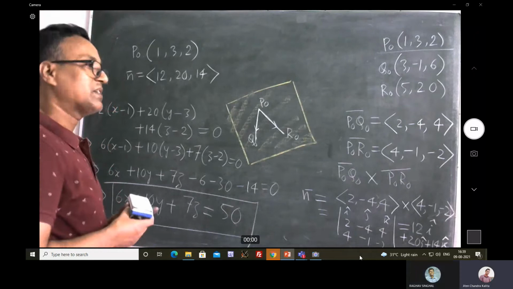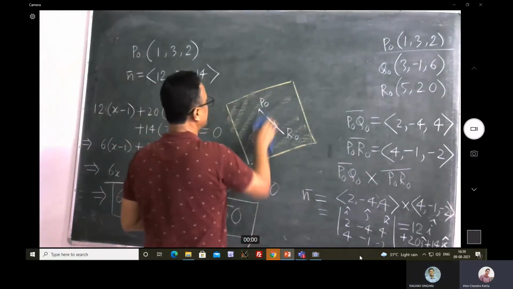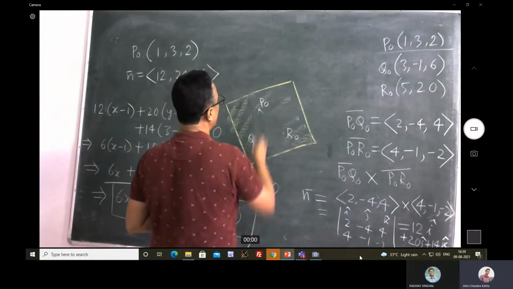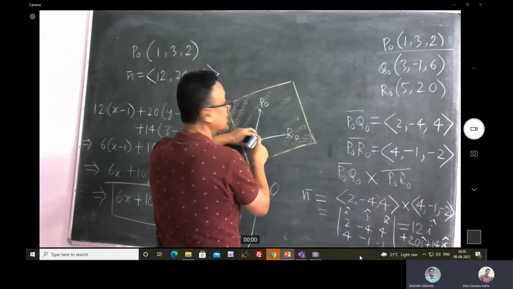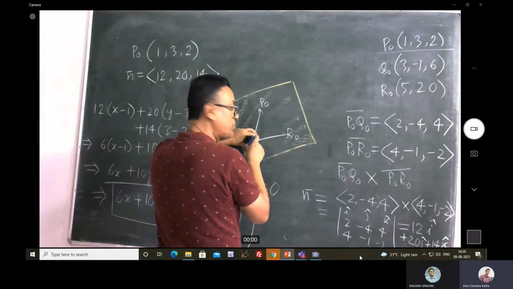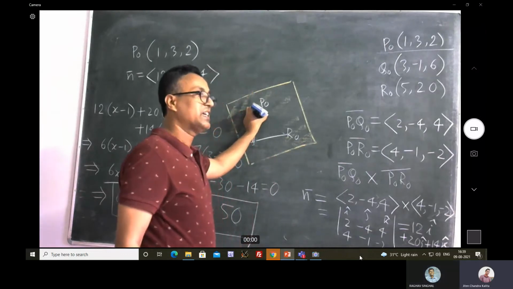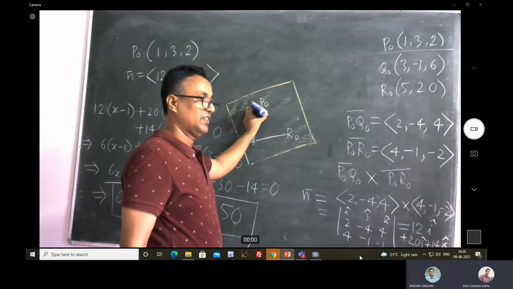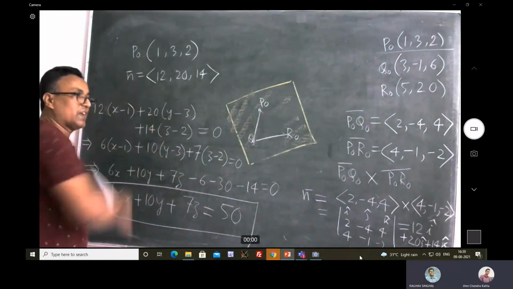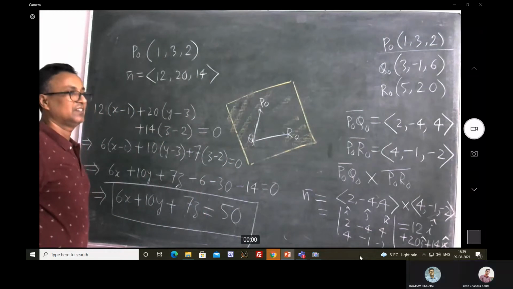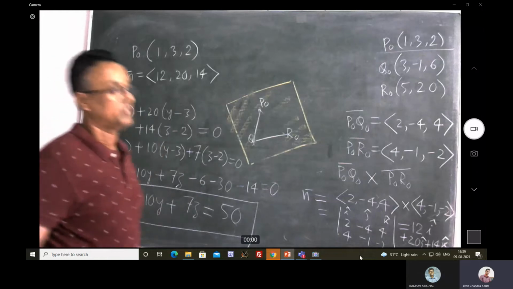Whatever normal you get, say suppose I take a combination of this and this, from there I am going to get a normal that may be different from what I got at this point. But since they are parallel, they are scalar multiples of each other. So eventually after simplification, that scalar multiple will cancel out, and you must get the same equation whatever combination you take.